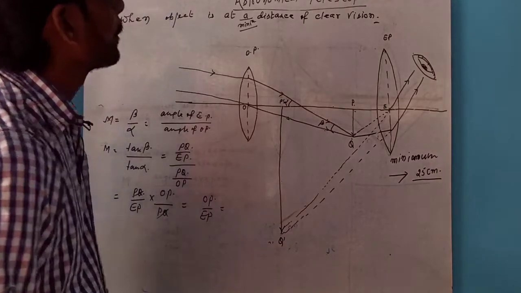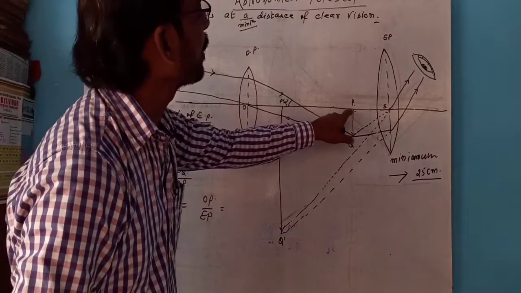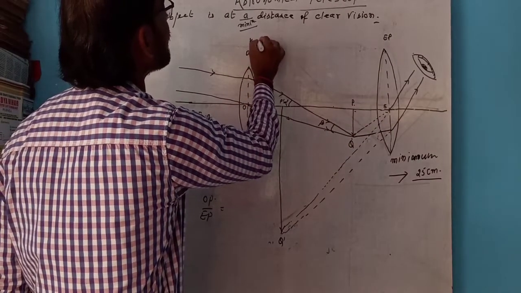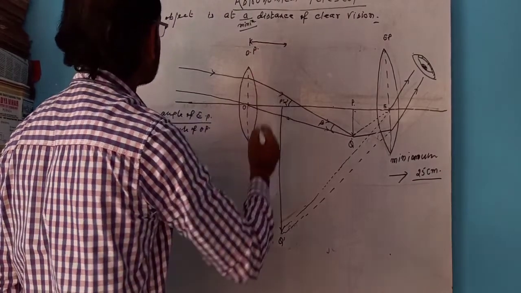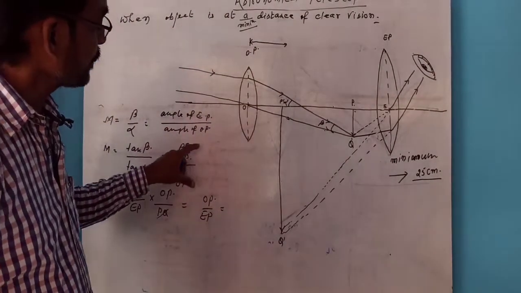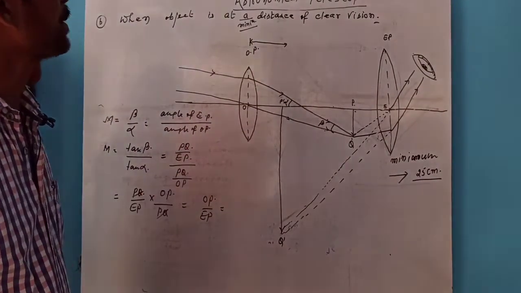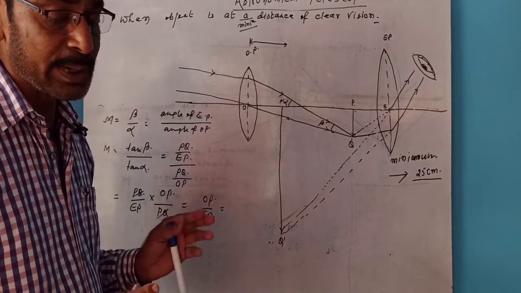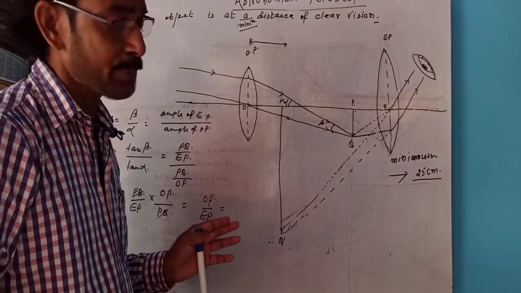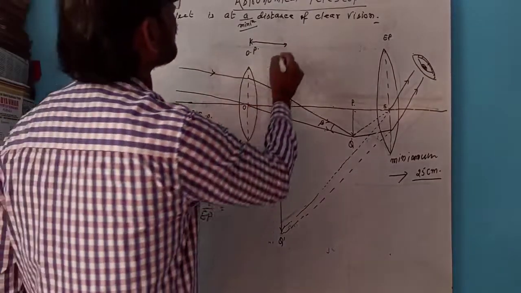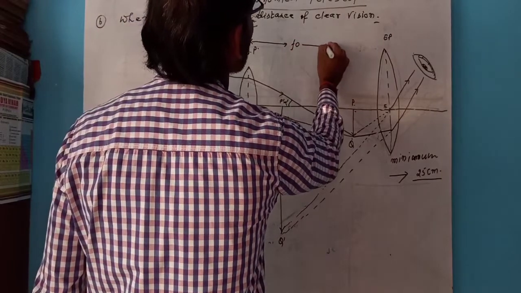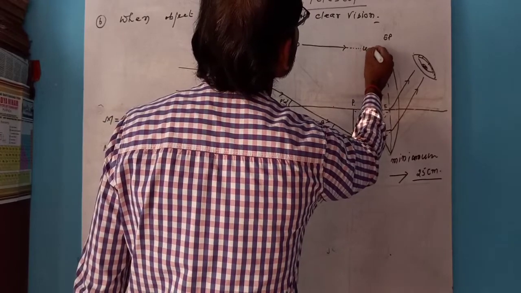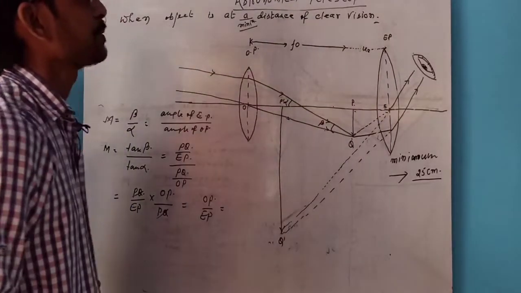That is OP upon EP, clear as before. Sometimes the distance between both lenses is FO plus UE, the eyepiece.